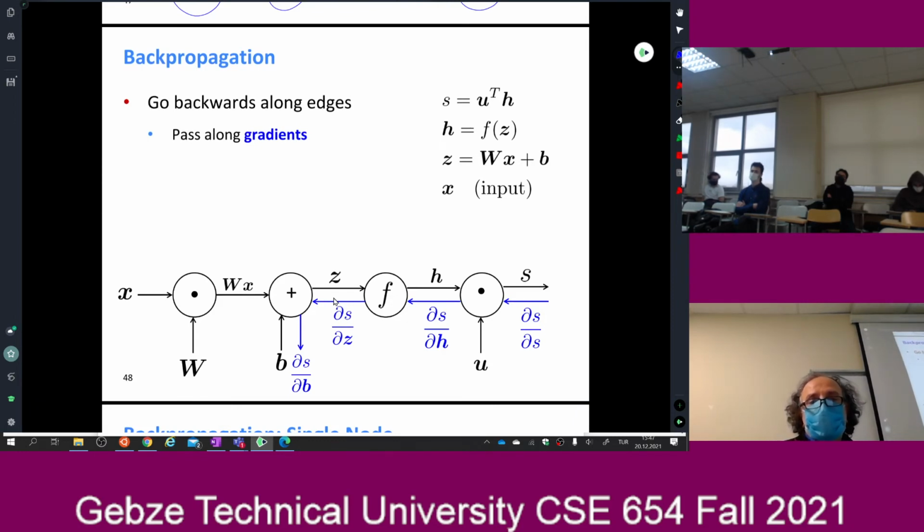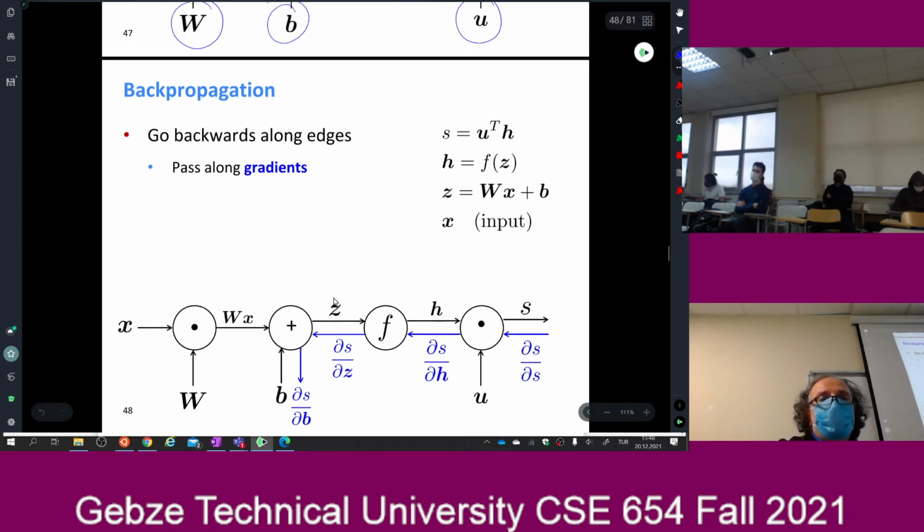And then by calculating the gradients of S with respect to B, with respect to U, with respect to W, now I can calculate which way to move in terms of these parameters in my space. So that's going to be the back propagation.